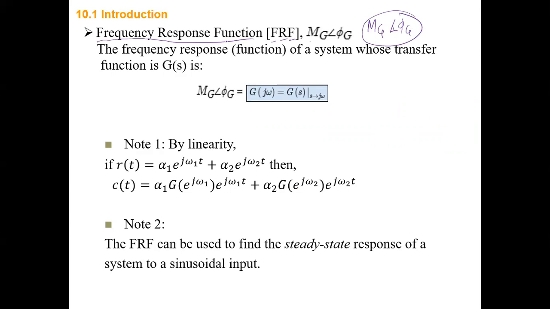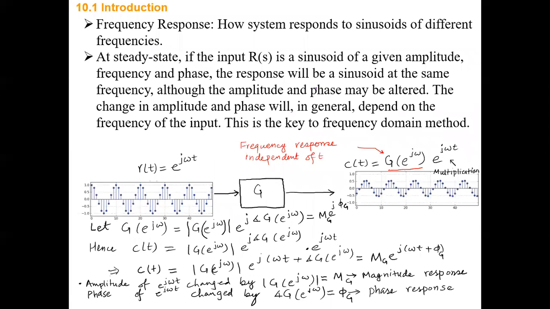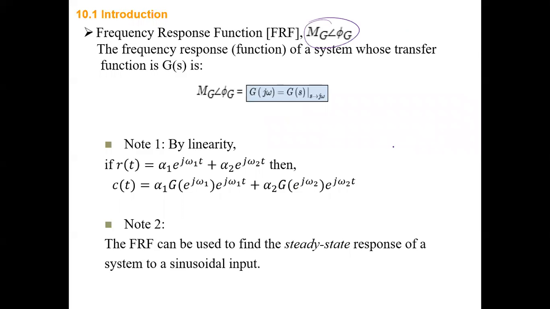That's called the frequency response function. So how do you find the frequency response function? This is the same guy, which is also written as this. It means these are exactly the same.